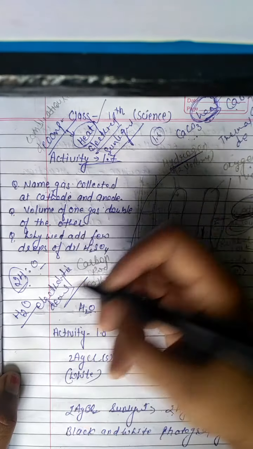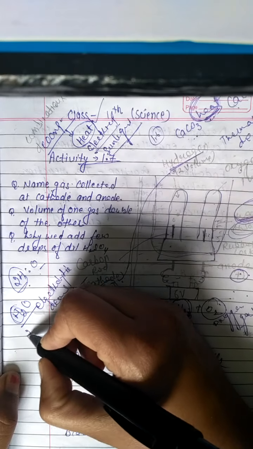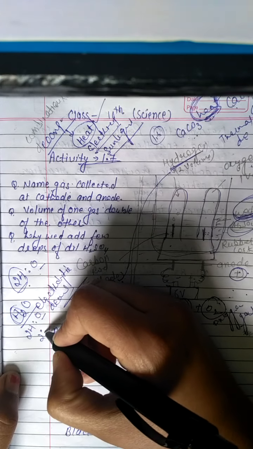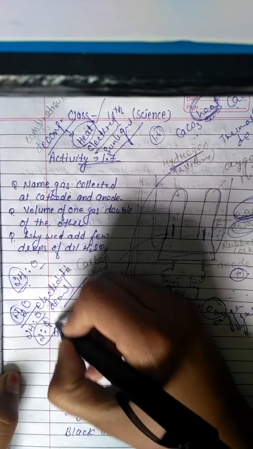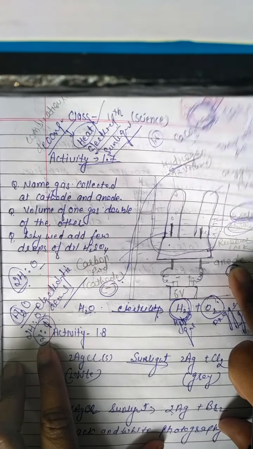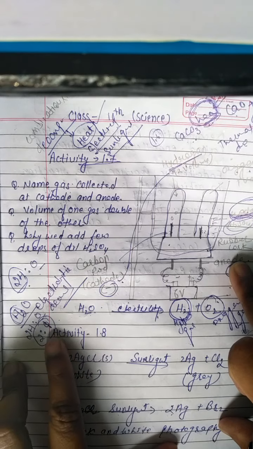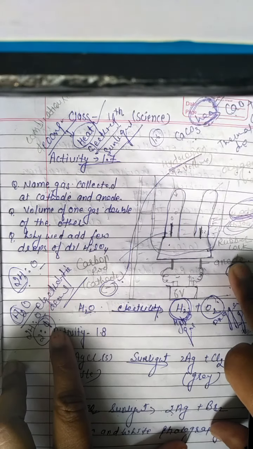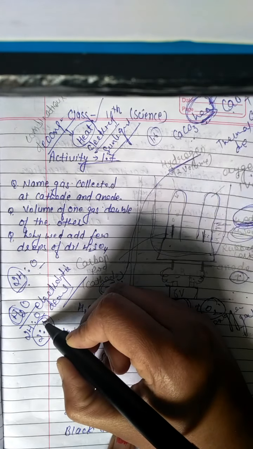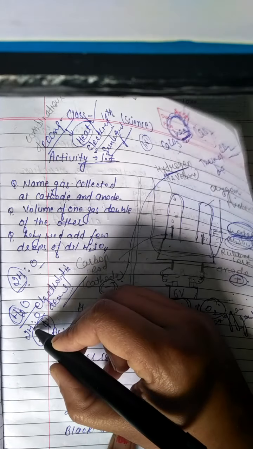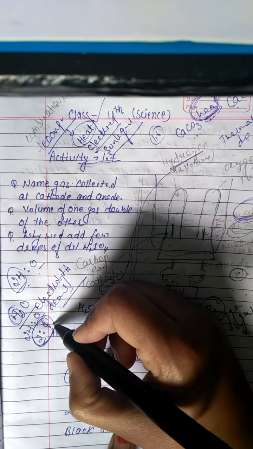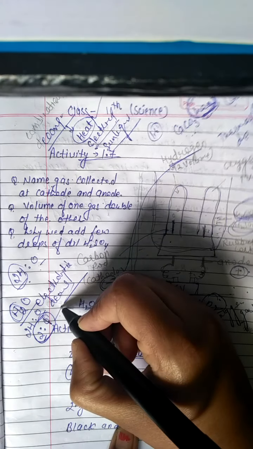In H2O, there are two atoms of hydrogen and one atom of oxygen, so the hydrogen to oxygen ratio is 2:1. That is why hydrogen gas is collected in double the amount compared to oxygen gas.